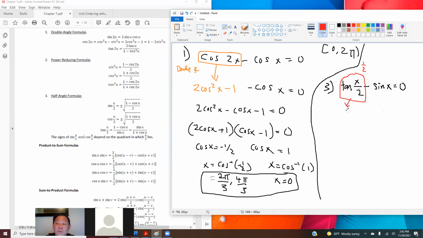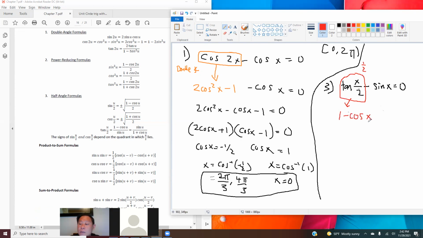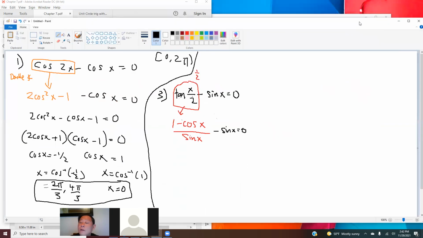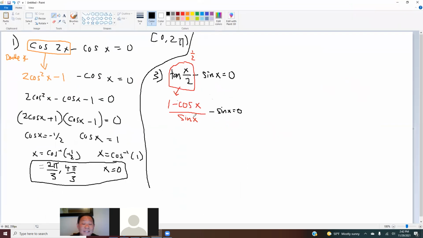So this is actually 1 minus cosine x over sine x, and minus sine x, equals 0. Now, in this question, because there is a fraction, this is over 1.